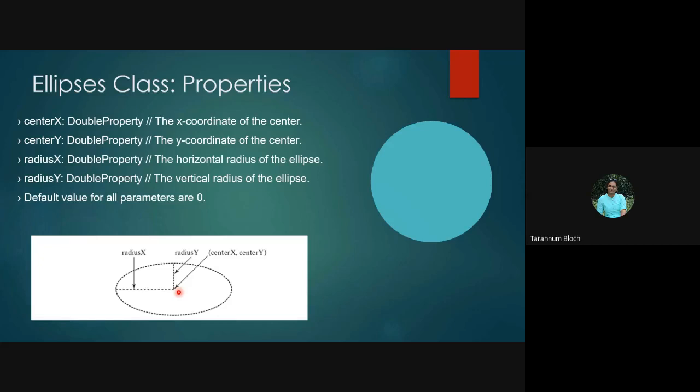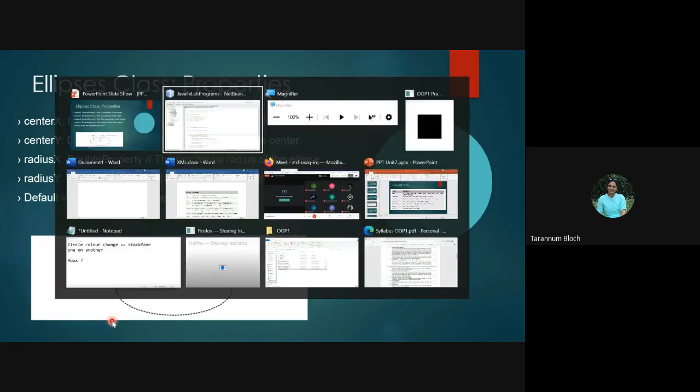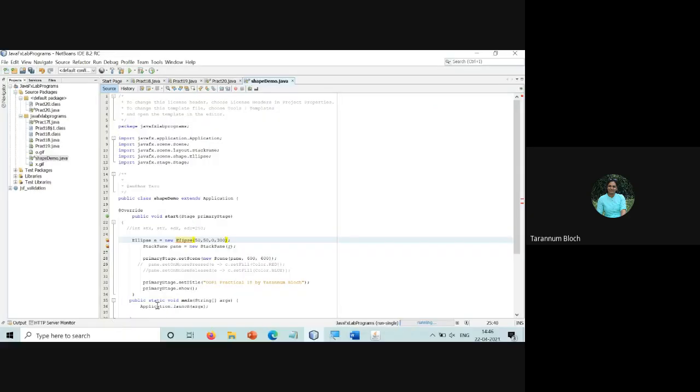And if you want the upper portion, like a standing egg kind of shape, then you need to make y bigger and x smaller. So what we have over here is 50, 50, and we can go with x bigger and y smaller. We are adding that ellipse to the pane.